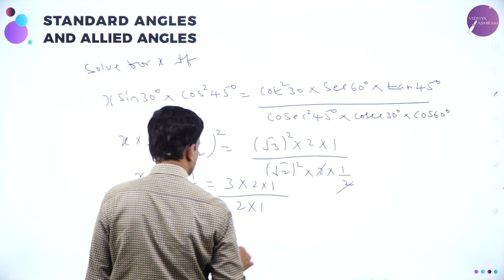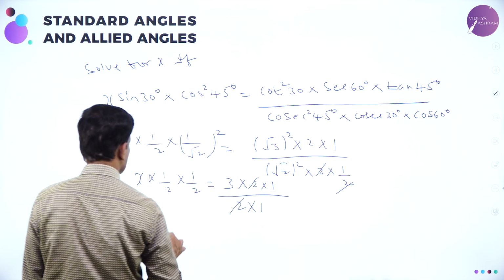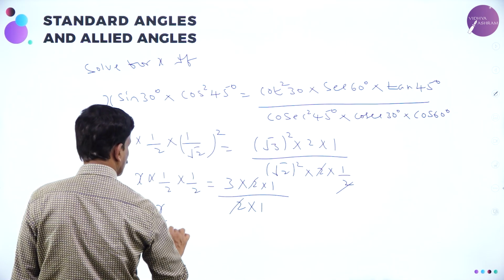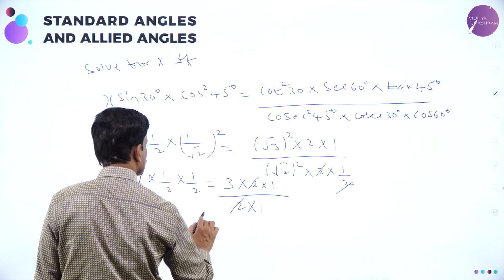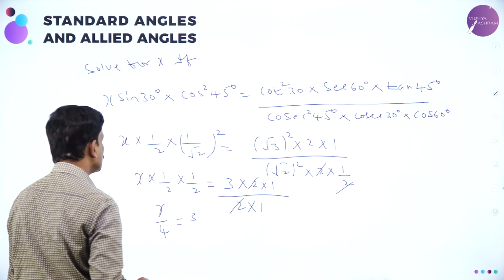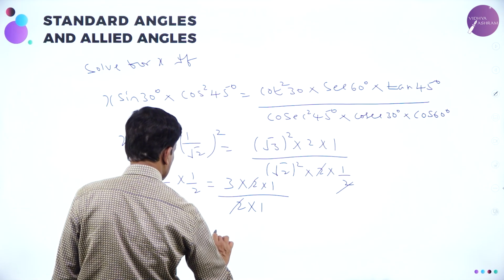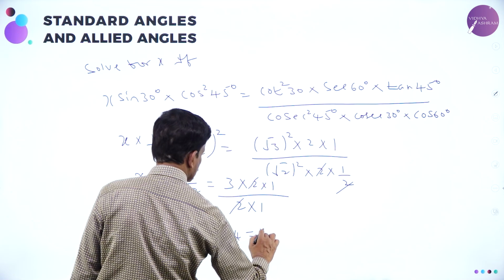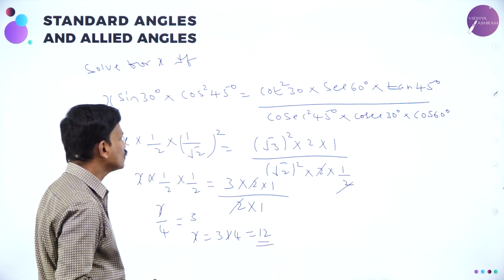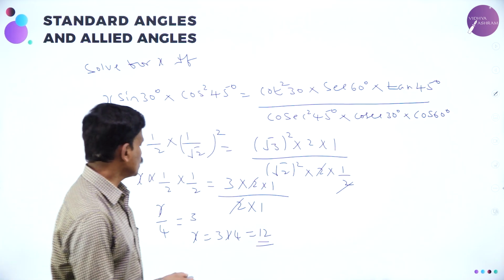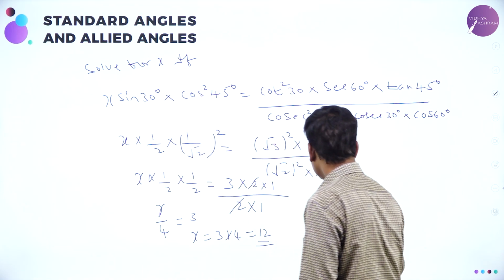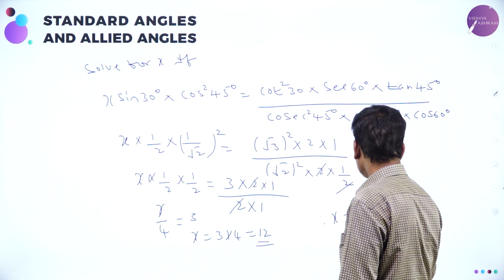This 2 and 2 get cancelled, and this 2 and 2 also get cancelled. So, this is x by 4 is equal to 3. Therefore, x is equal to 3 into 4, that is equal to 12. So, here the value of x is 12.